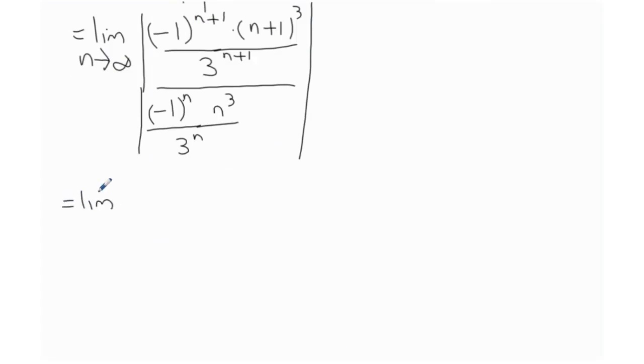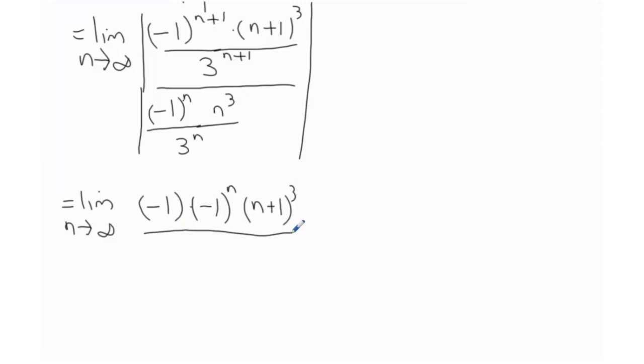So that is going to be the limit as n approaches infinity of, well, (-1)^(n+1) can be written as -1 times (-1)^n. So it's going to be -1 times (-1)^n times (n+1) cubed over, and the 3^(n+1), we're going to call that 3 times 3^n.